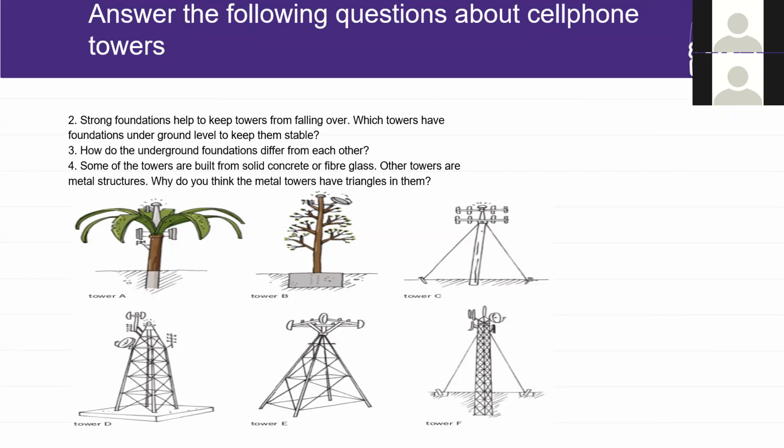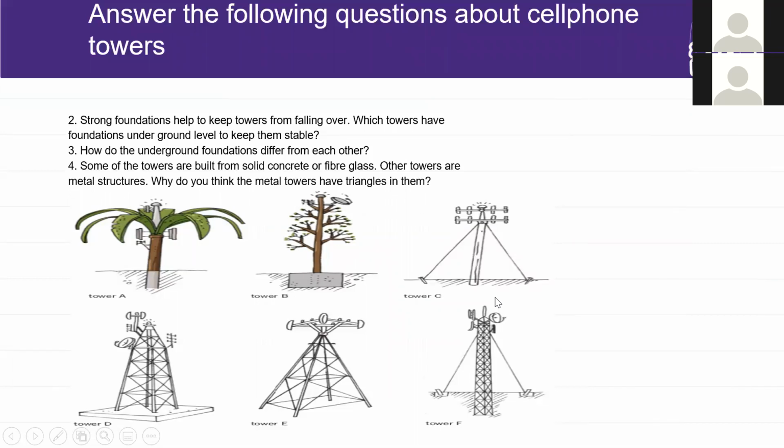B is built from fiberglass. Tower B, Huapili. B is built from fiberglass most probably to make those shapes beautiful and make it look real. Okay? Probably A as well. And the others, they are metal. D is metal, E is metal, F is metal.